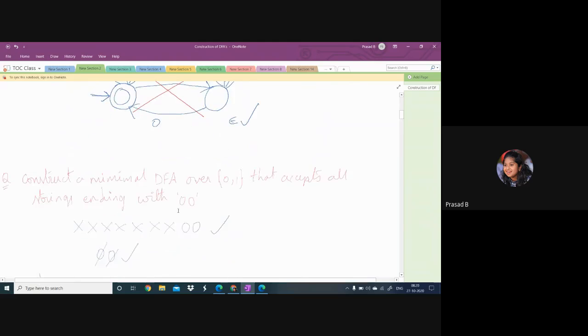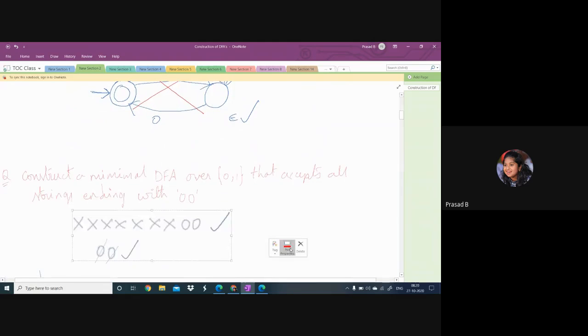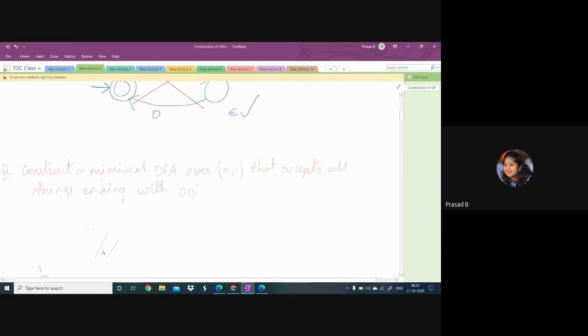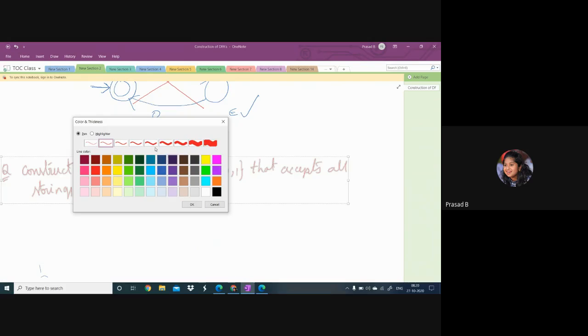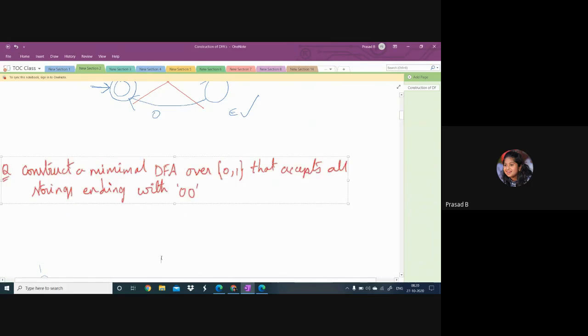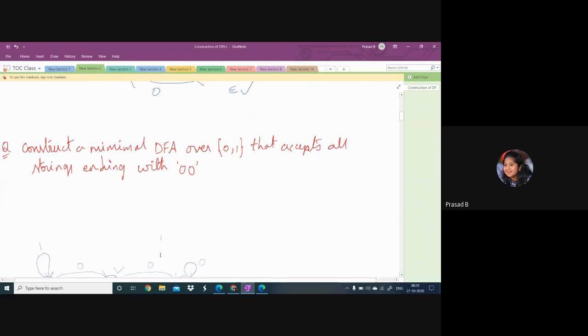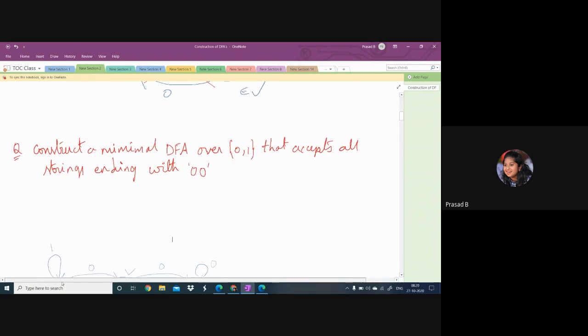Okay, next question. So similar question I'm giving you. Construct a minimal DFA over set 0, 1 that accepts all strings ending with 00.